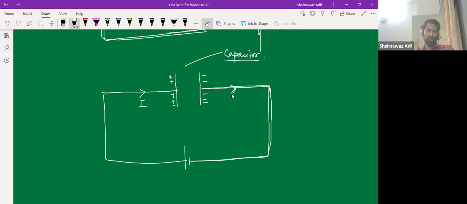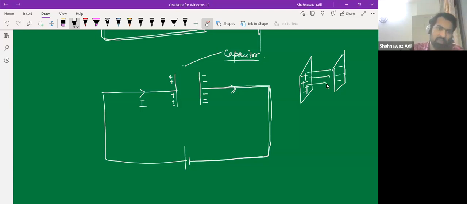One plate contains the positive charge, and the other contains the negative charge, but the charges are not traveling from one part to the other.